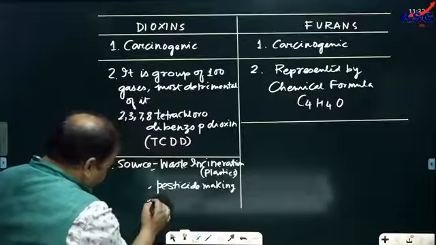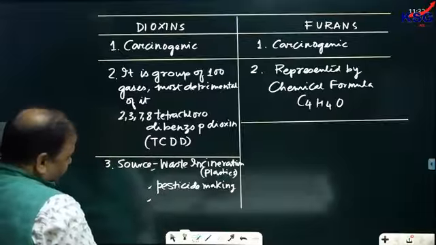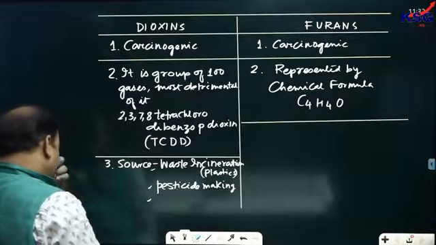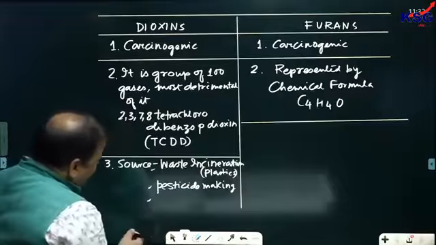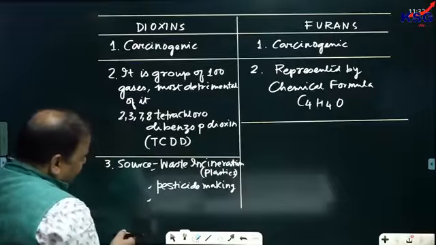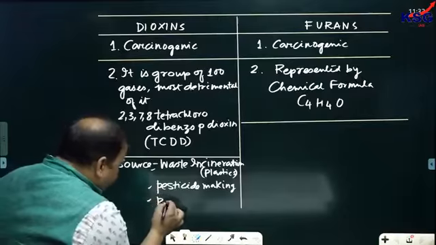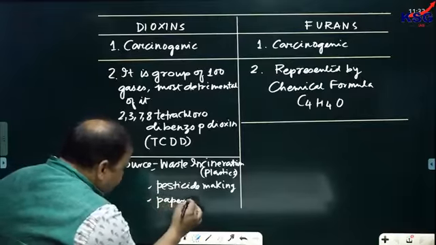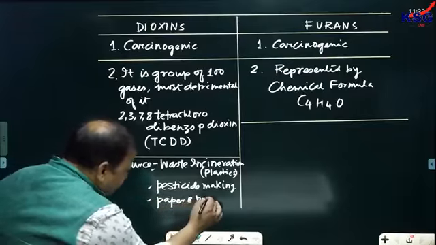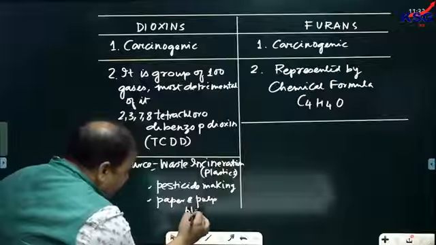The source happens to be not only pesticide making, but also paper and pulp bleaching.